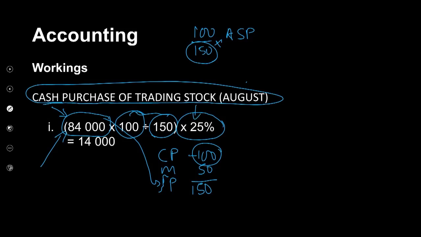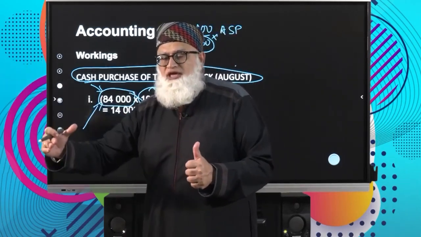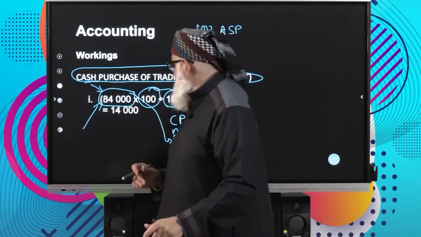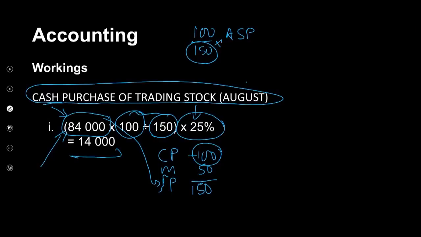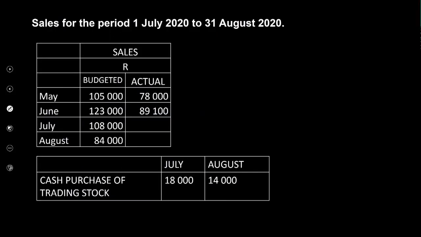Can you see? Very important, guys: sales, cost of sales, split up into cash and credit. In this case, the question was the cash purchases, and clearly you can see it is the 14,000 Rand, and therefore here in your cash purchases for August, there's my answer, 14,000 Rand.